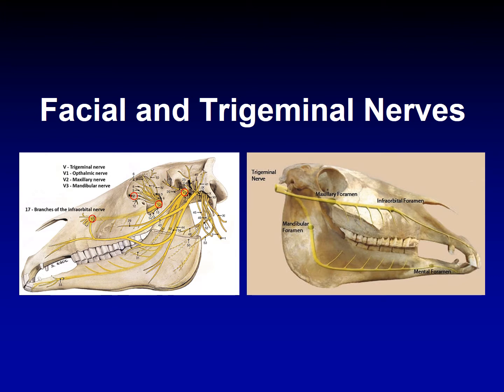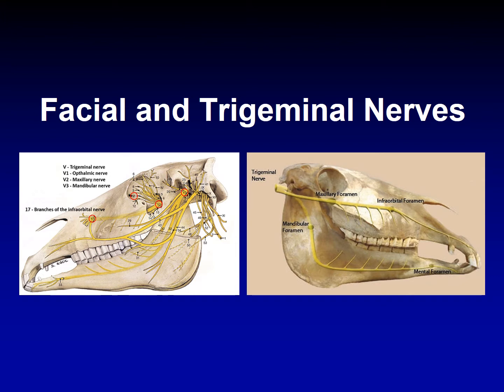Around the eye, if we go back to the left-hand side picture, all of them are coming from the trigeminal, which has the first red circle around number 5, which is 5 in Roman numerals, and this nerve is the trigeminal nerve.